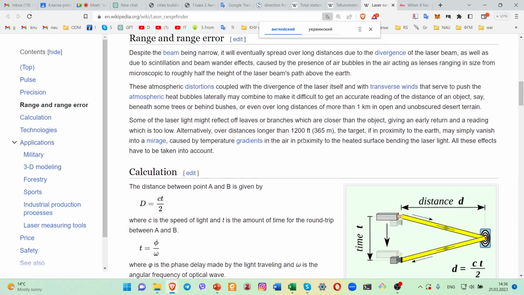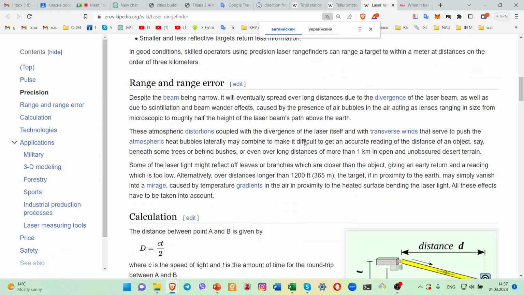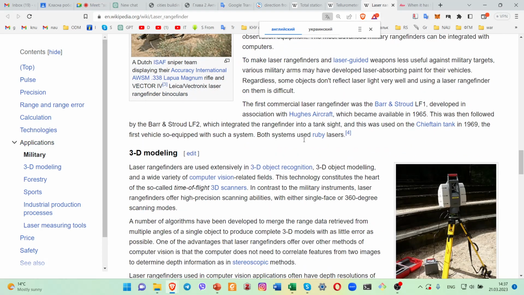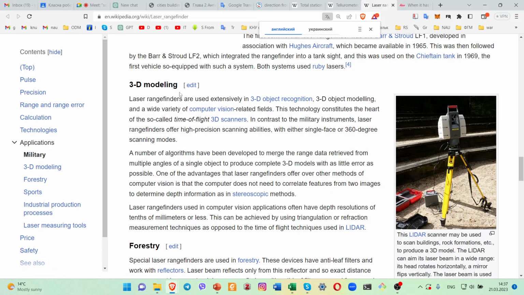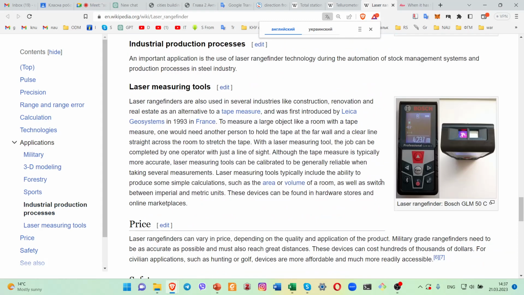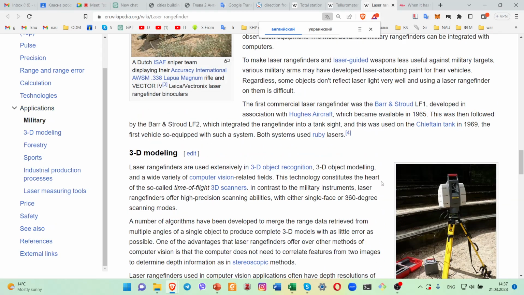These laser rangefinders are used in the military and in geodesy, in 3D modeling, in sports, etc. Laser rangefinders are used extensively in 3D object recognition.